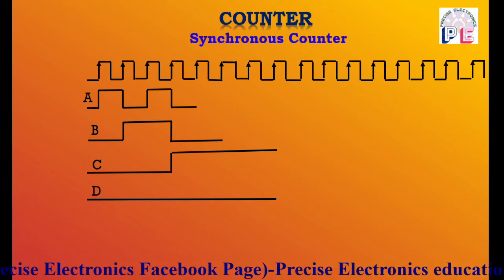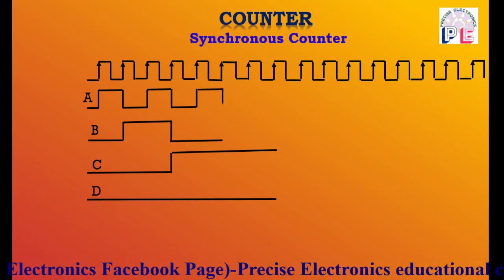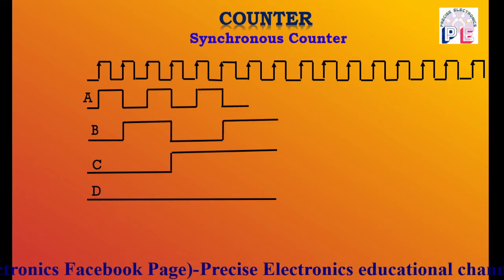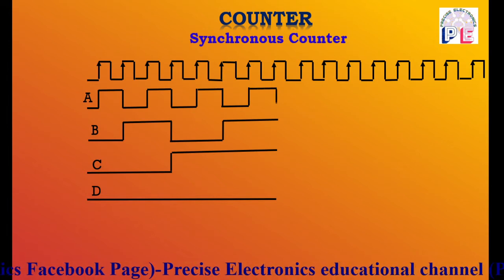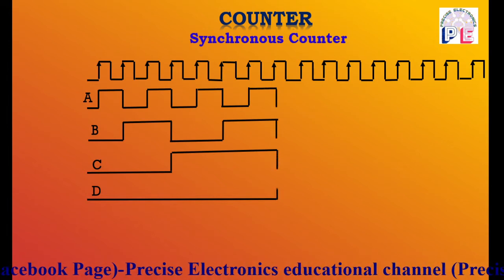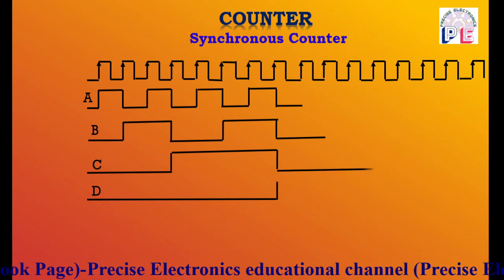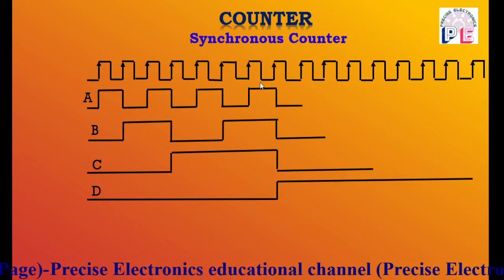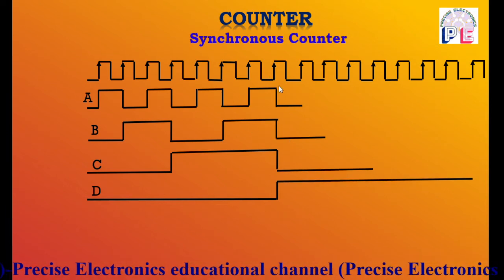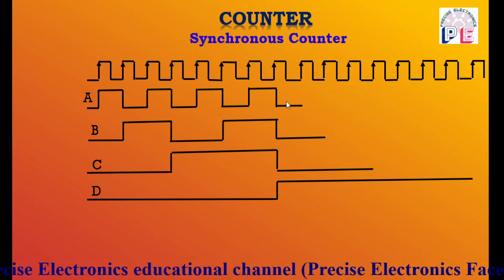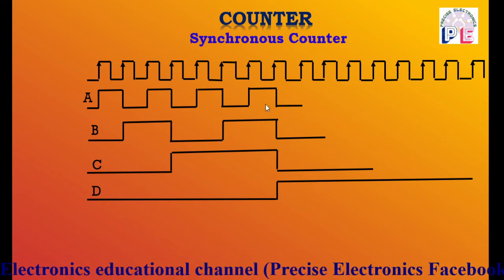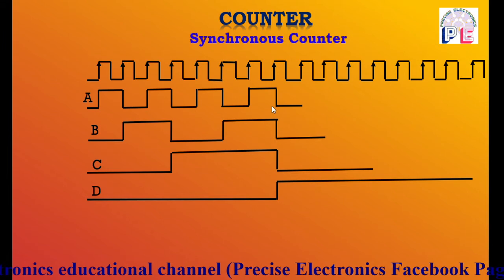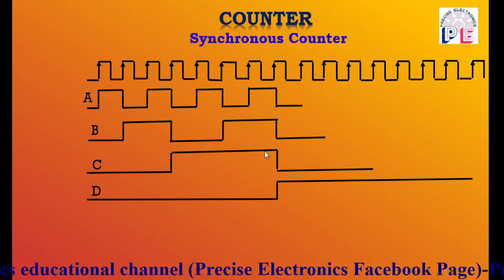So this process continues as the clock moves through each flip-flop. That is the clock diagram. At the 8th clock pulse, the output of the A flip-flop changes from 1 to 0, B also changes from 1 to 0, and C also changes from 1 to 0.